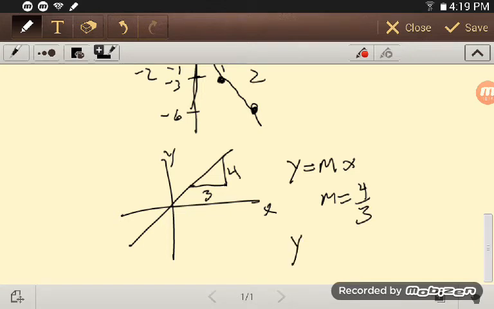And so my algebra for that picture is y equals 4/3 x. So I've translated from the visual or graphical language to the algebraic language.